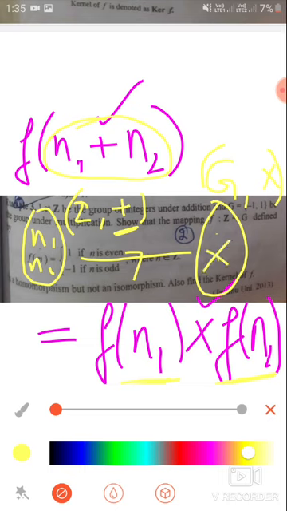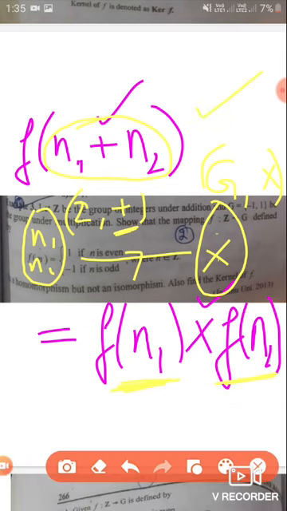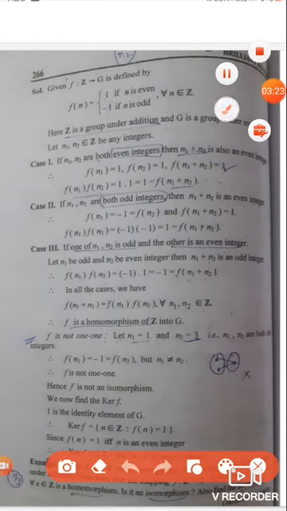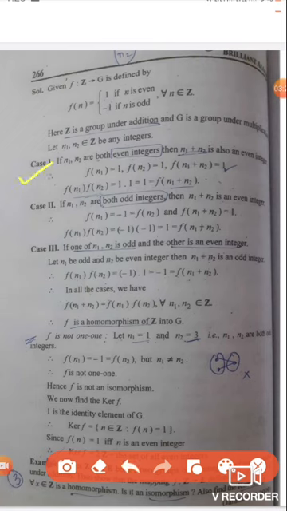Fine. So before proving this property, we have to do one thing, because there are so many cases. Case 1, when you take both the integers as even integers.